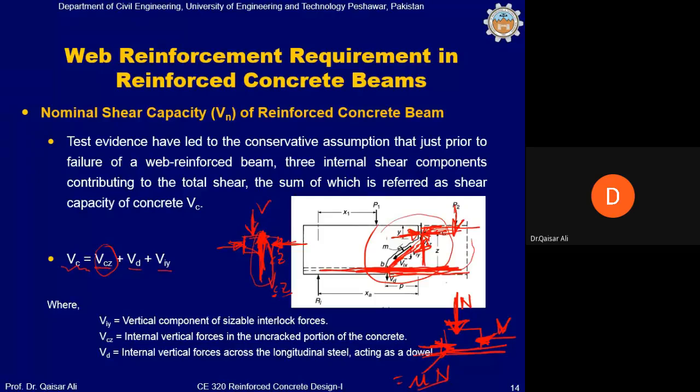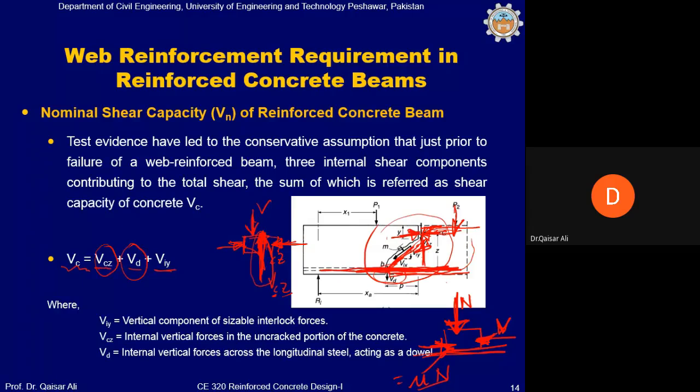This is called dowel action, because the reinforcement is placed across these two parts, so it will become difficult to separate these two parts due to the placement of this reinforcement which exists across the crack. This action is called dowel action. So the other is dowel action due to the flexure reinforcement, and Vi is another action which is basically the interlocking action.